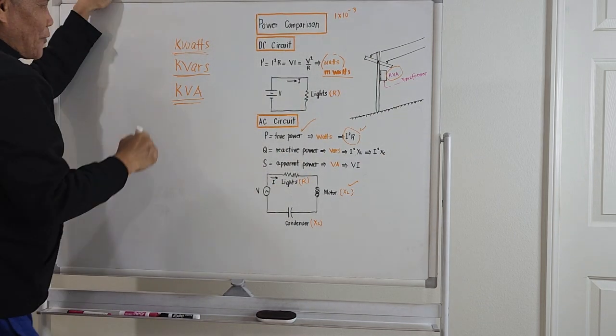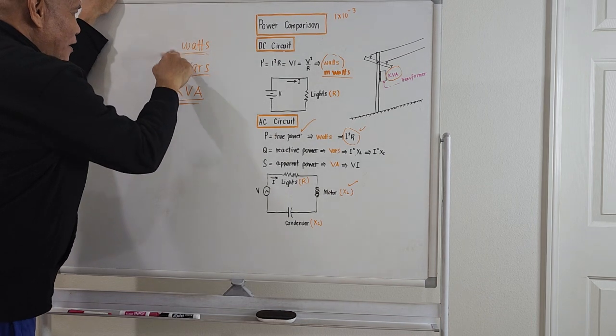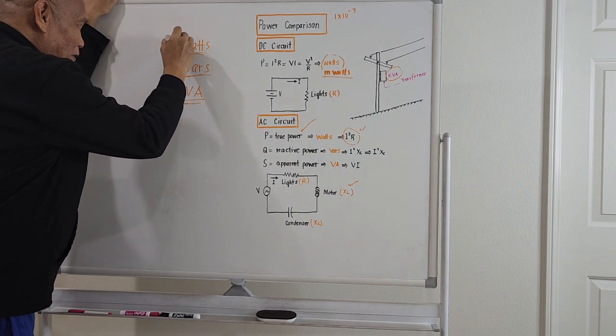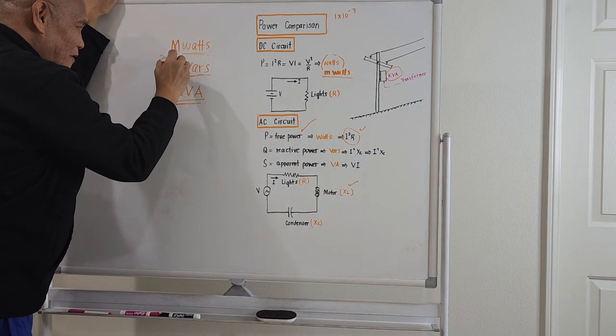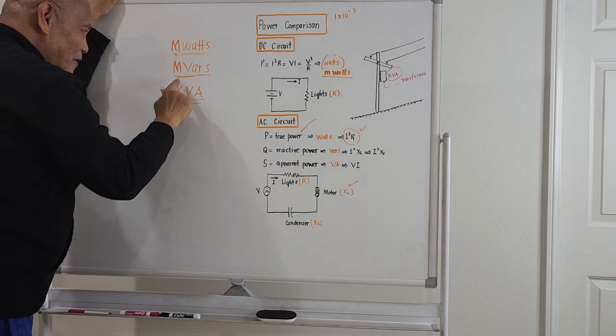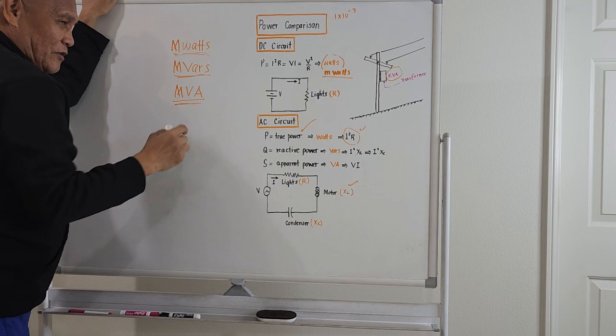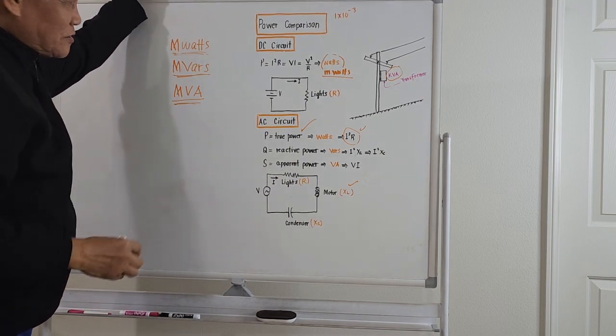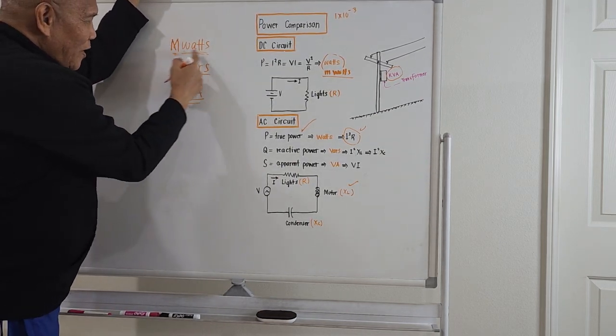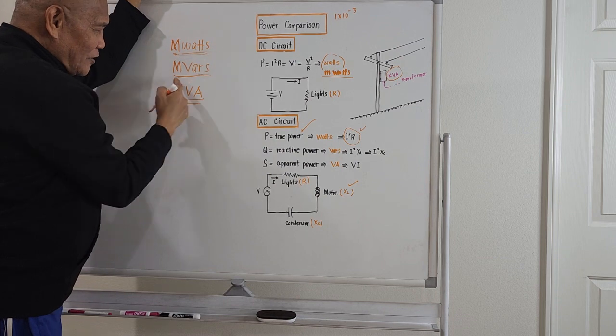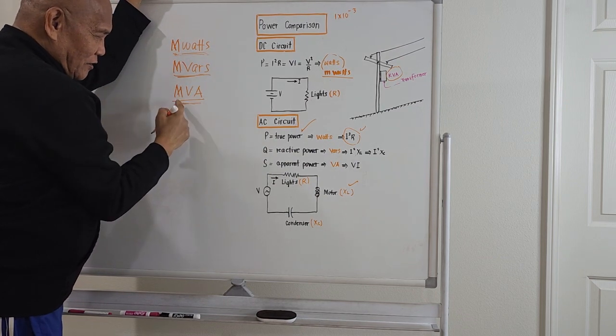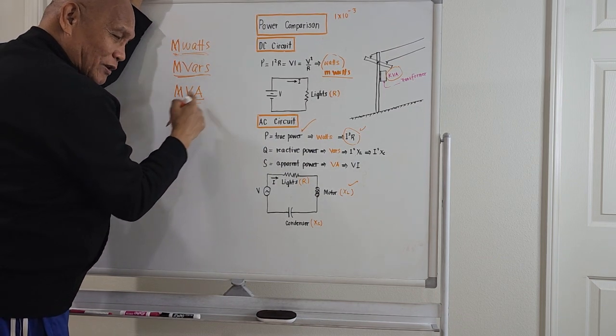And supposing we replace this by capital letter M, these are bigger power ratings. This is megawatts, million watts. This is megabars, million bars. And this is megavolt ampere, million volt ampere.